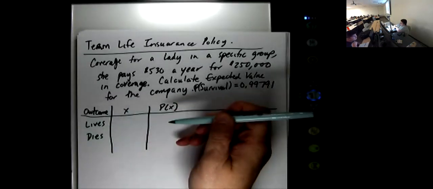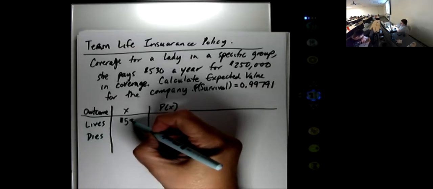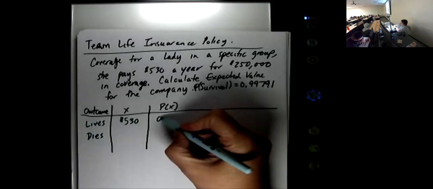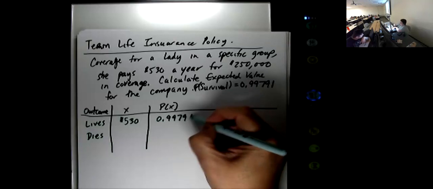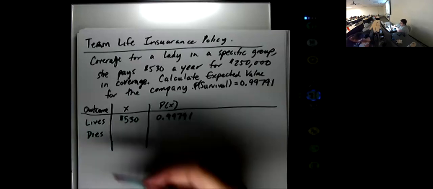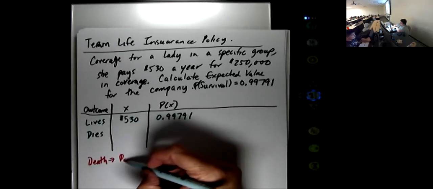If she lives, the company collects $530. And the probability of her living was given: 0.99791. If she dies, they have to pay out $250,000.